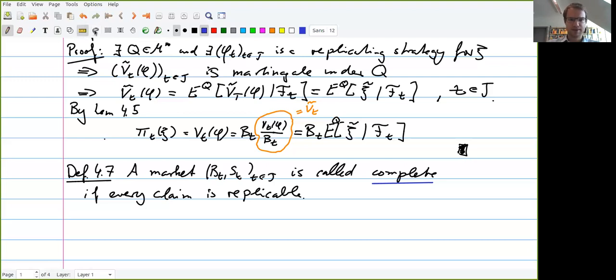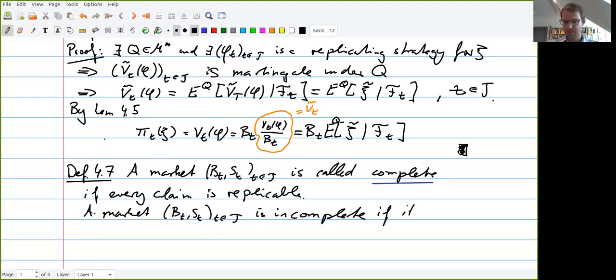And then obviously an incomplete market is a market which is not complete. So a market is called incomplete if it is not complete.